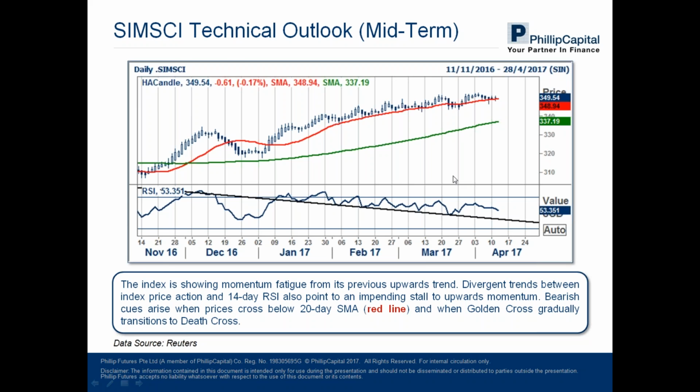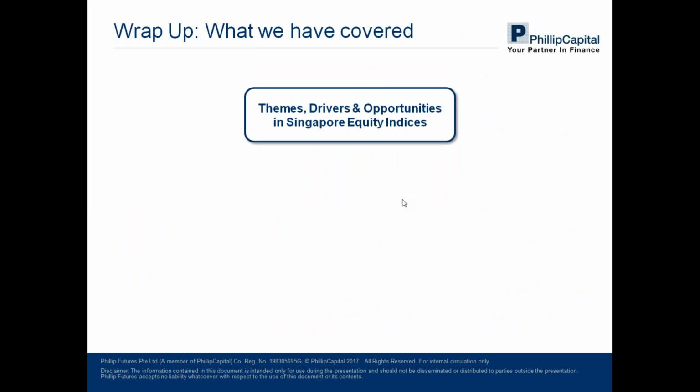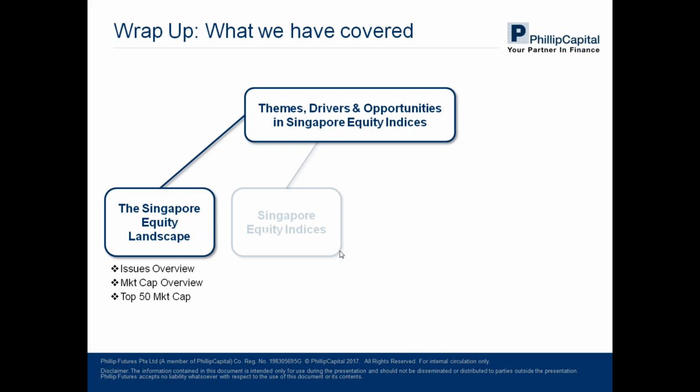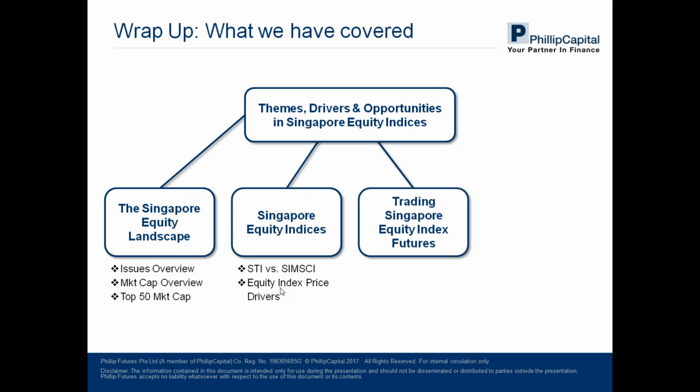All right, to wrap up today, in my segment, I've covered quite a few things. First, we shared about the Singapore equity landscape, the issues breakdown, the market capitalization breakdown, and also the top 50 market cap counters on the SGX. Next we talked about Singapore equity indices, the STI Straits Times Index versus the SiMSCI, the MSCI Singapore Free, and how different things drive the index price movements.